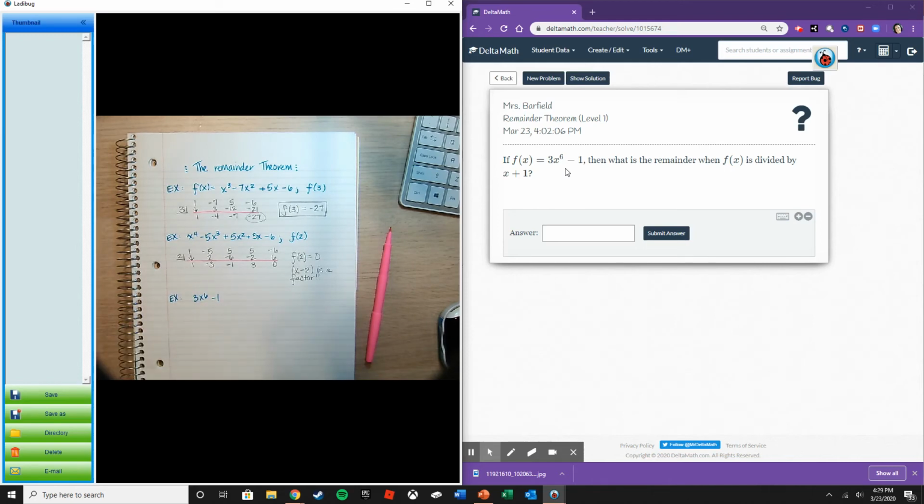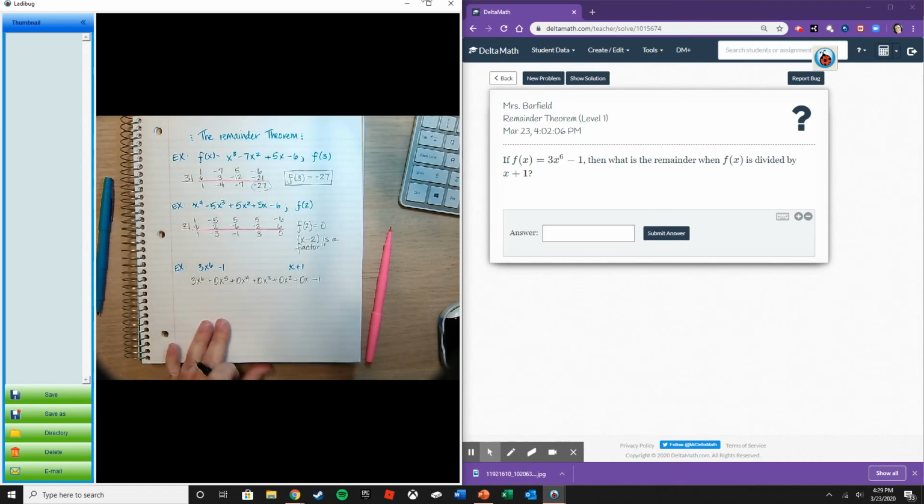Okay, and they want to know what the remainder is when I go x plus 1. So it's the same idea. They've just styled the question a different way. So this problem really is 3x to the 6th plus 0x to the 5th plus 0x to the 4th plus 0x to the 3rd plus 0x squared plus 0x minus 1.